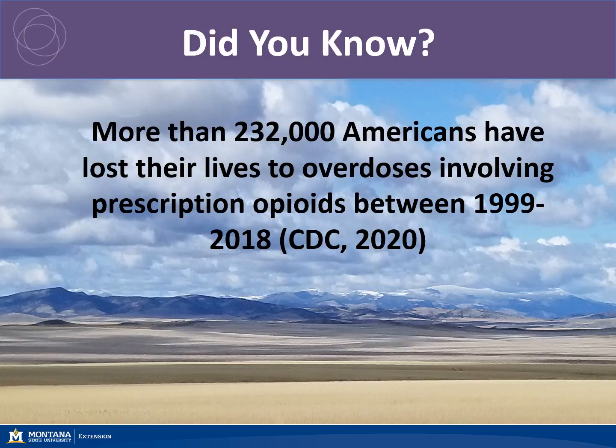We are going to start today out with some national and statewide data. This data provides us with a deeper understanding of the prevalence and impact prescription opioids have on Americans and Montanans. More than 232,000 Americans have lost their lives to overdoses involving prescription opioids between 1999 and 2018.